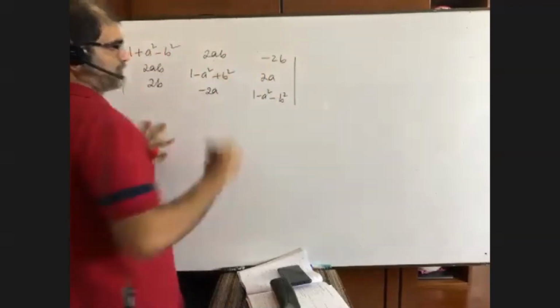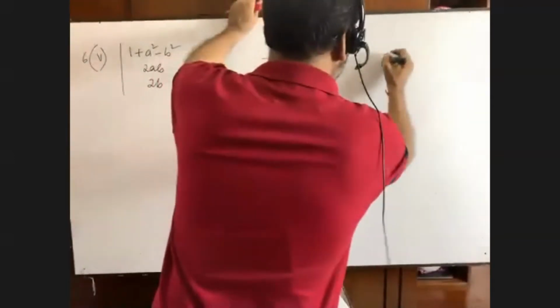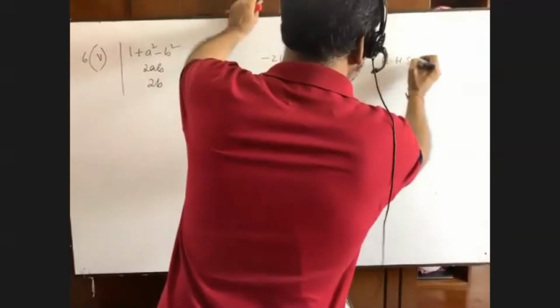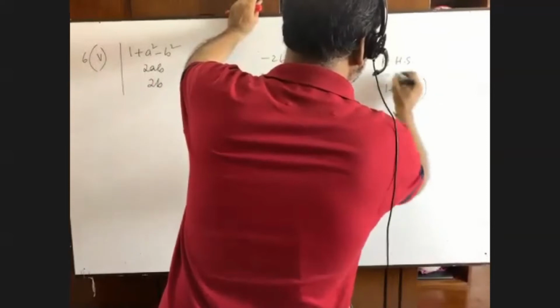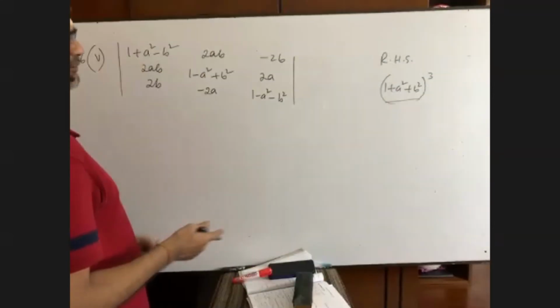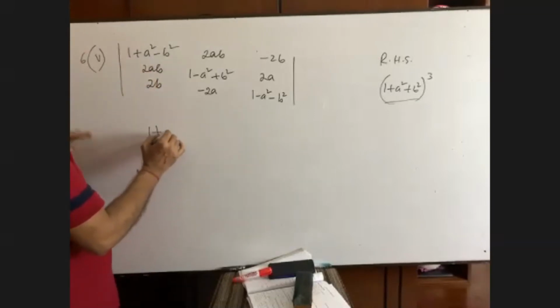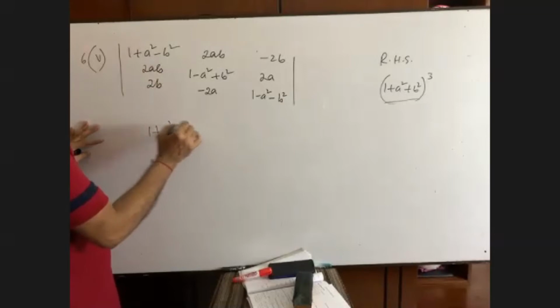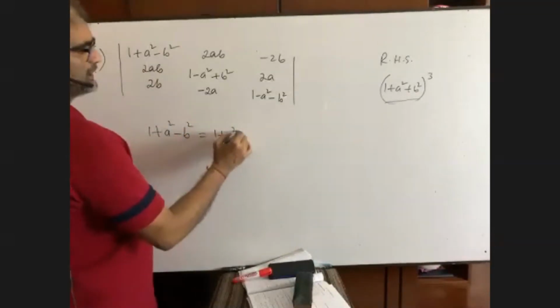It is the left hand side, and your right hand side is 1 plus a square plus b square whole to the power 3. Can you remember, please? You did the same type during exam, right? You see, we have 1 plus a square minus b square, but I need 1 plus a square plus b square.